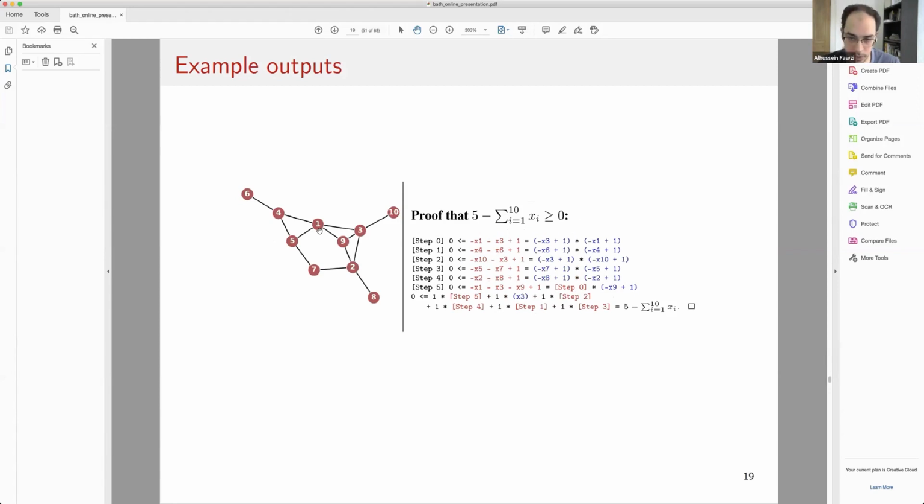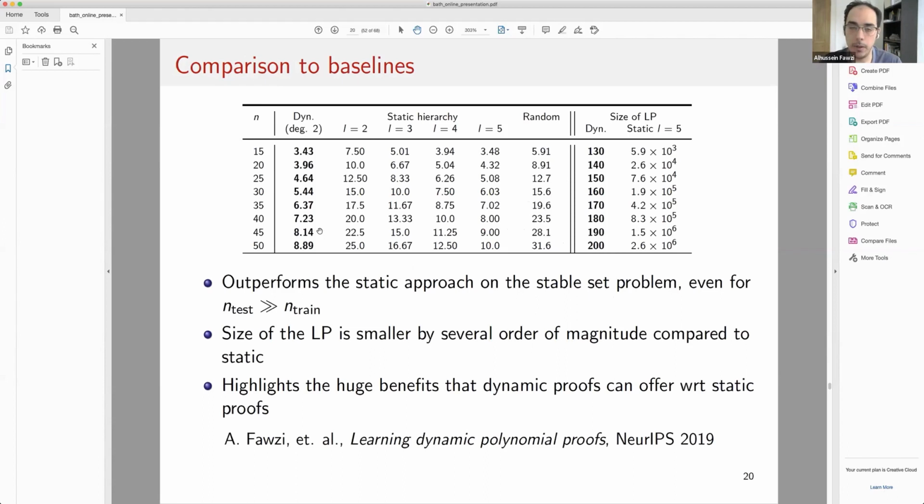Numerically, this is a comparison of the performance that we have with the dynamic proof system using this agent. This is the upper bound, so the lower the better. That's the size of the graph. So when we're at 50 nodes, we have maybe 1,000 edges or so, and we compare with the upper bound that you would get using the static hierarchy.